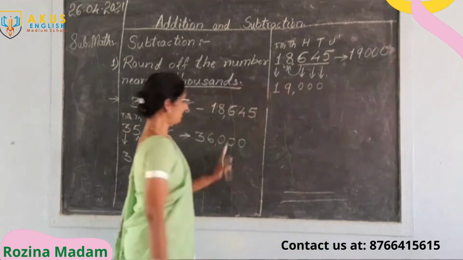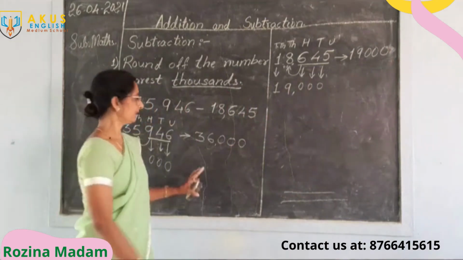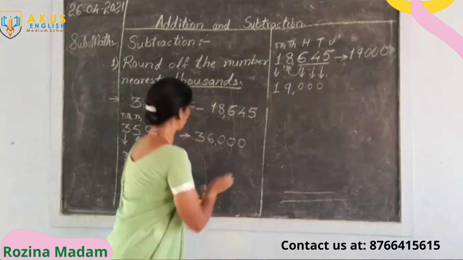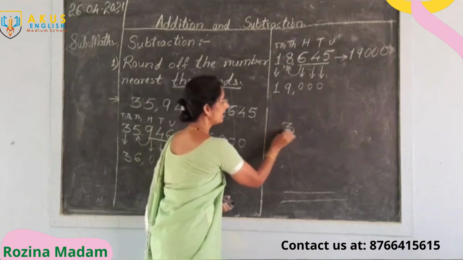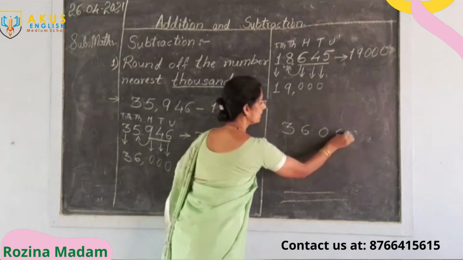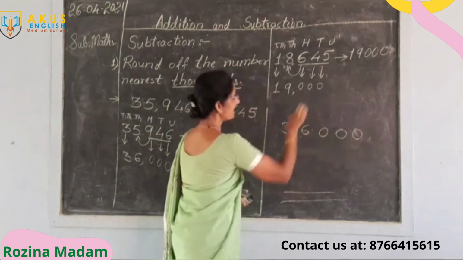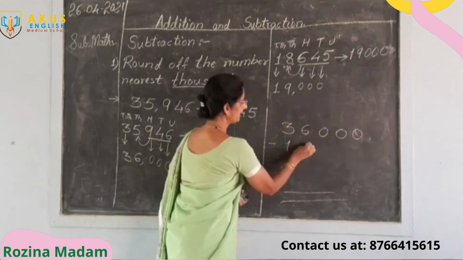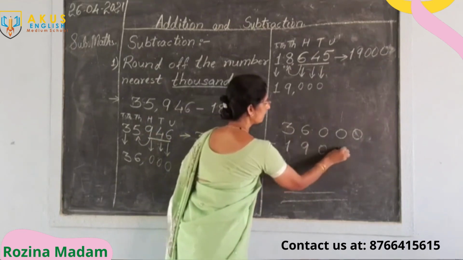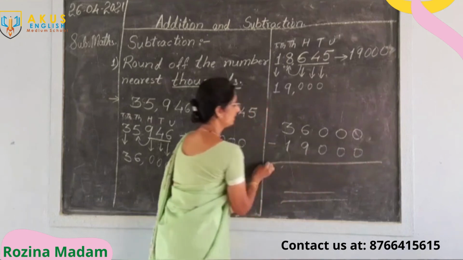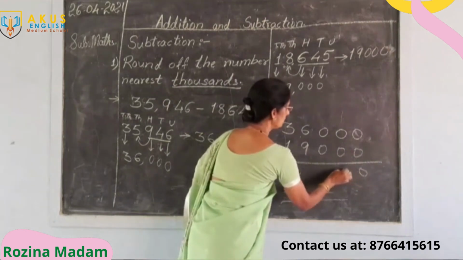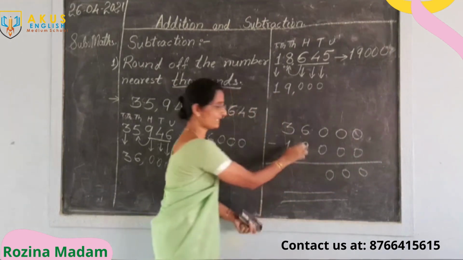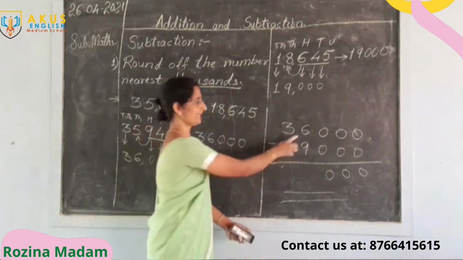Now take both the numbers and subtract. 36,000 minus 19,000. 0, 0, 0. From 6, 9 is not going because 6 is a smaller number.